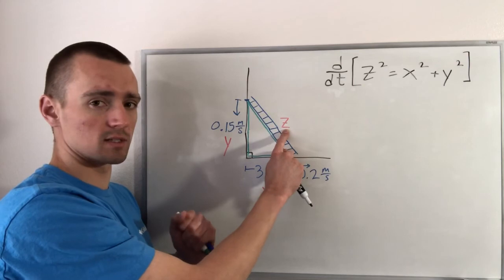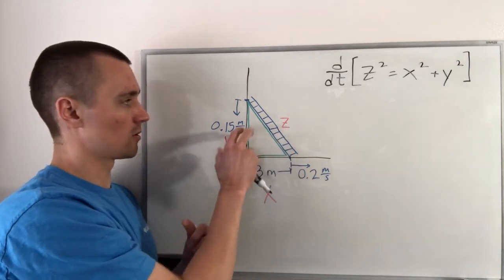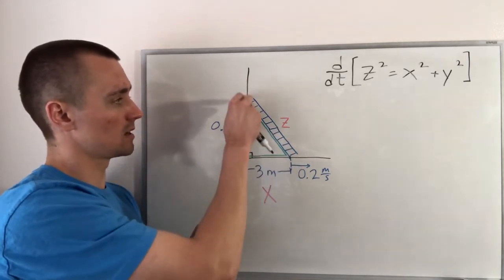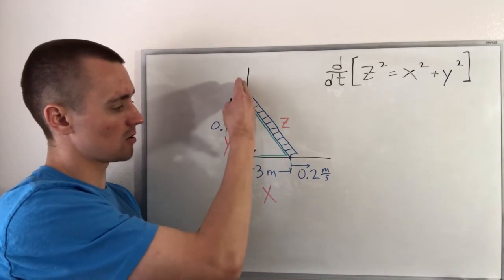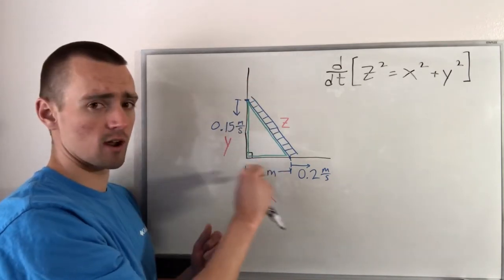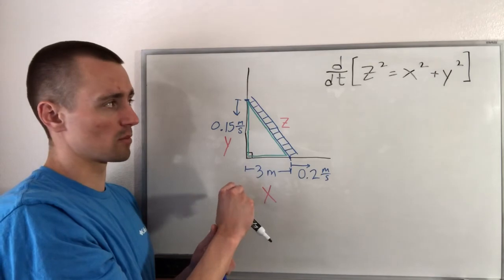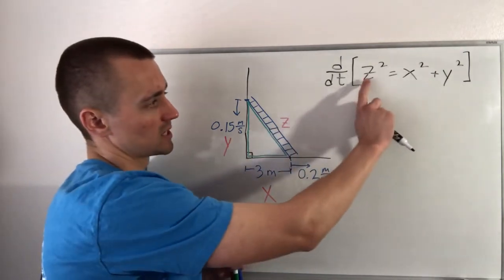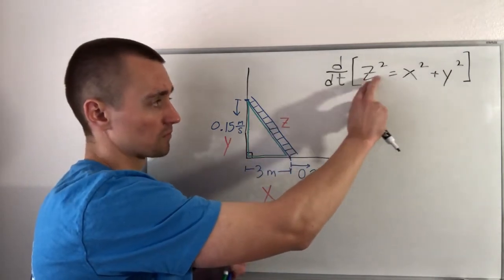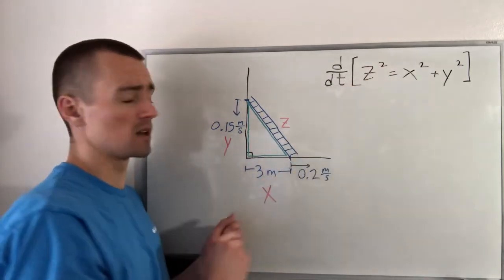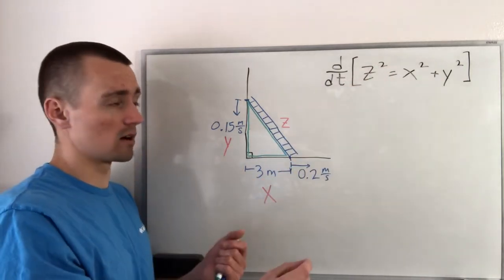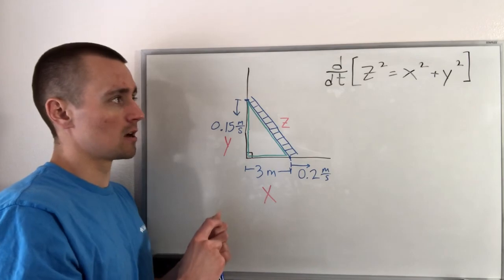Z is always going to be the same number, whether we look at it when the ladder is way up here or as it slides close to the ground. So if we're taking the derivative of z, well, in this case it's z squared, but a constant squared is still going to be a constant, right?